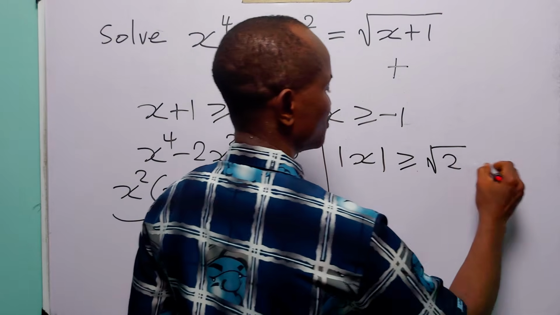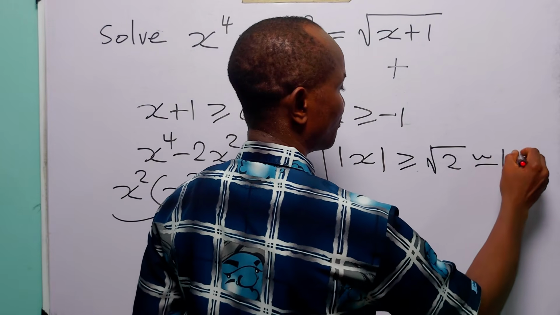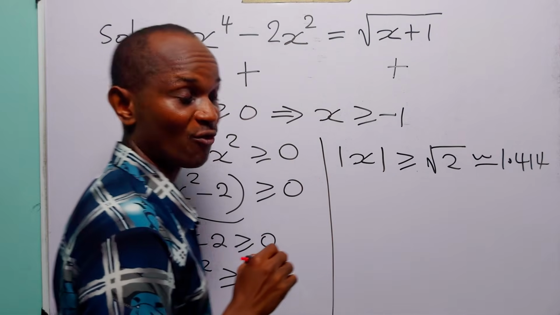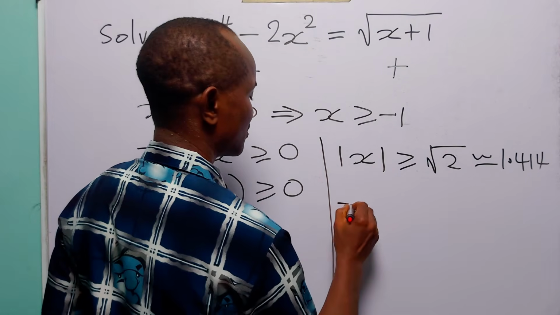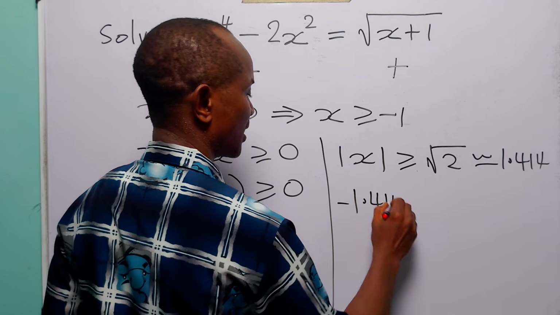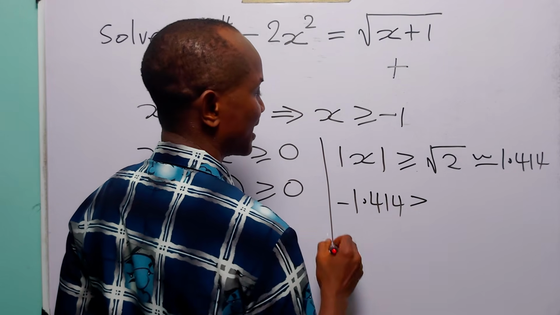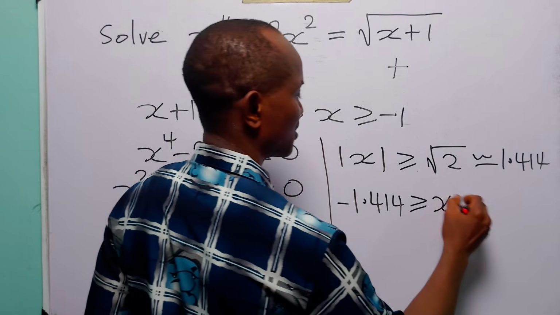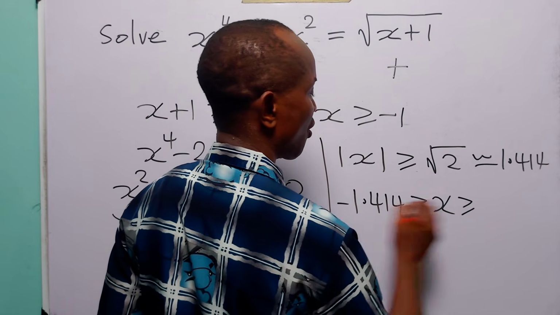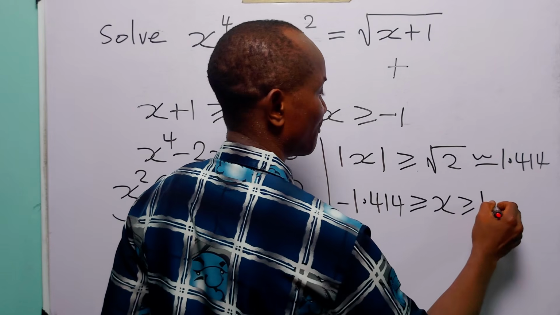Now, the square root of 2 is approximately 1.414. So from here, we have that x is less than or equal to -1.414, or x is greater than or equal to +1.414.